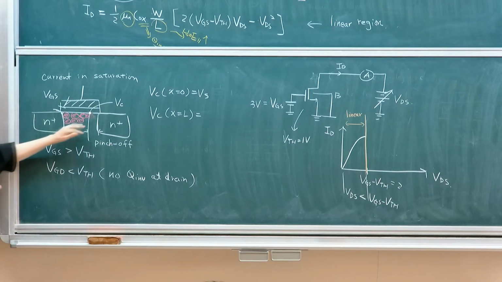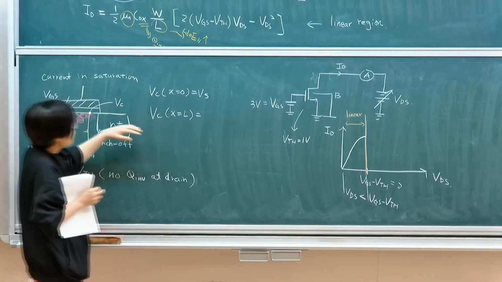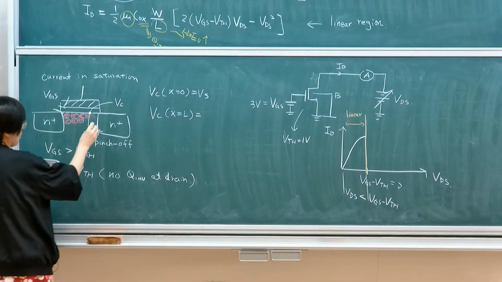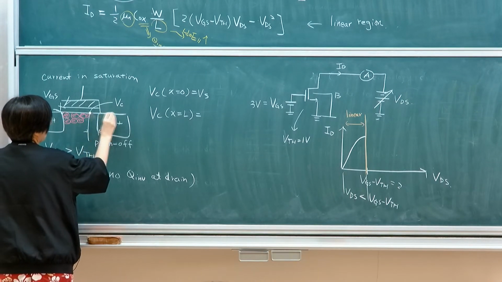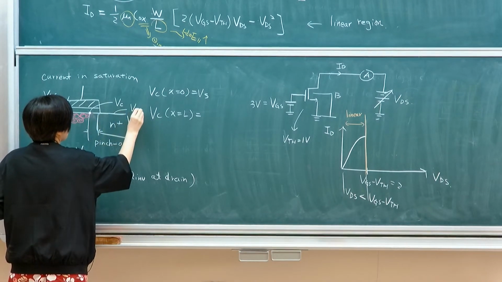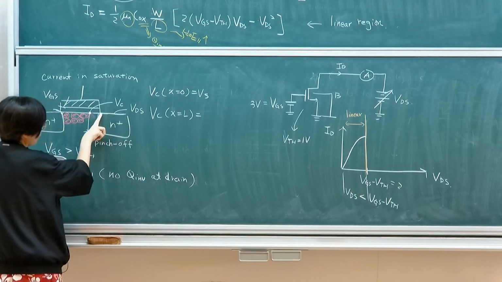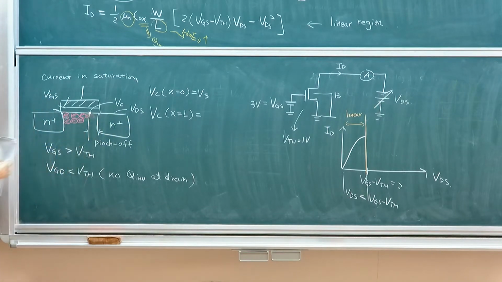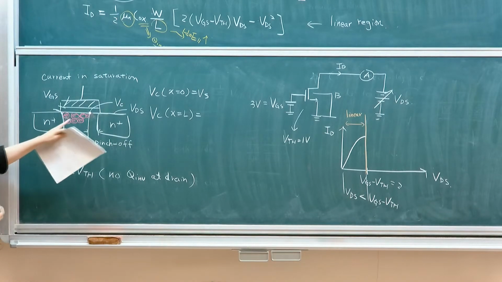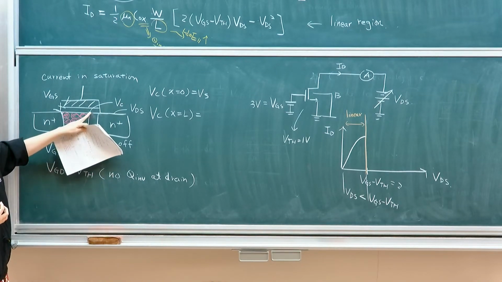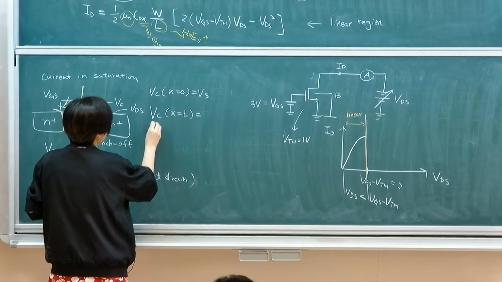So on the channel, there will be a disconnect between the two. This is VDS. The drain voltage and the channel voltage on the right-hand side will not be the same.